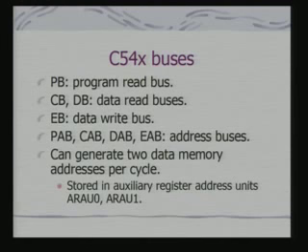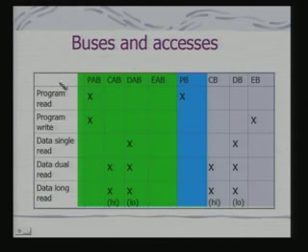So, if you look, when I am doing a program read, I have to provide the address on this program address bus, and I read the data on the program bus. This is what the instruction is coming along. Program write is again providing the address on the same bus, because obviously you will not be reading and writing at the same time. And if I am writing onto the program memory, I am using this bus.